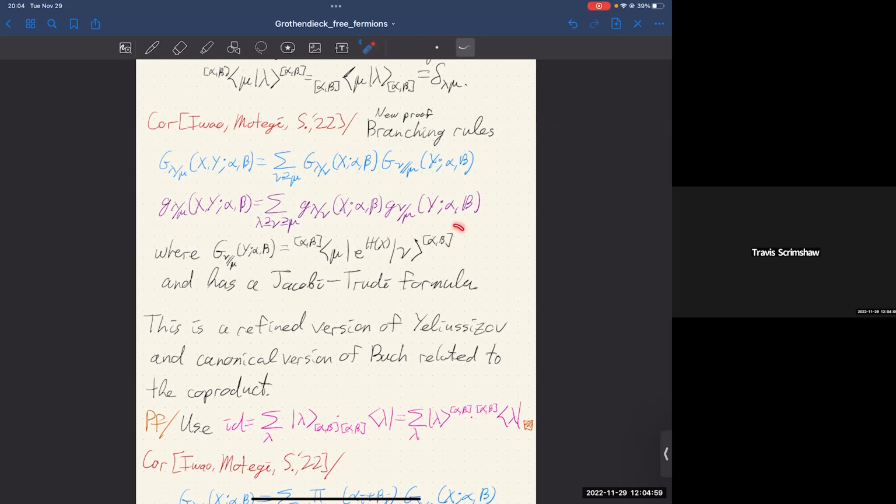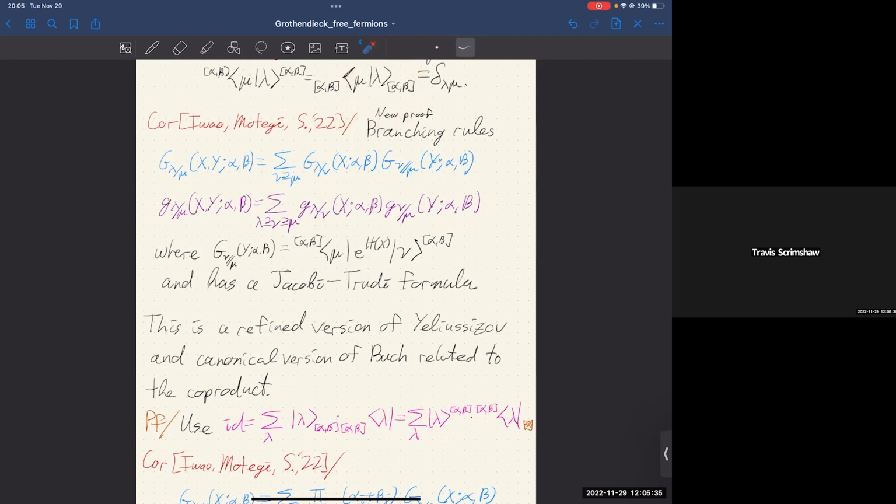And we need this extra double slash version that Buch used to relate it to the coproduct in symmetric functions. And it's the natural thing that appears in the branching rule, because I'm not using that kind of double version of the bra, but the dual version to the lower ket.